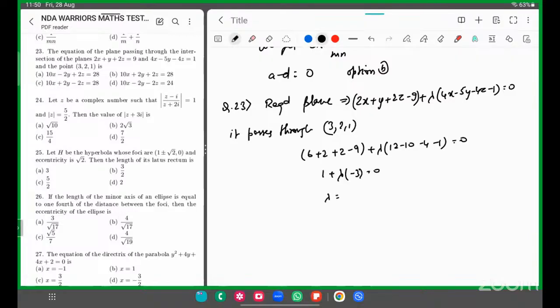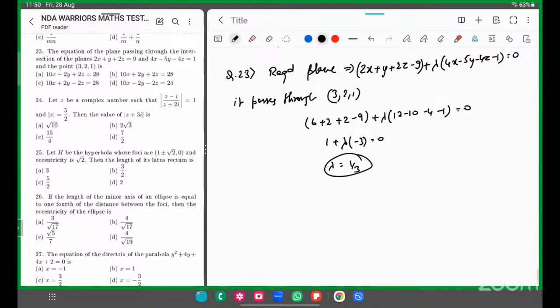So lambda equal to 1 by 3. Now you can put this value of lambda again in the equation. Therefore, the equation becomes 2x plus y plus 2z minus 9 plus 1 by 3 in brackets 4x minus 5y minus 4z minus 1 equal to 0.